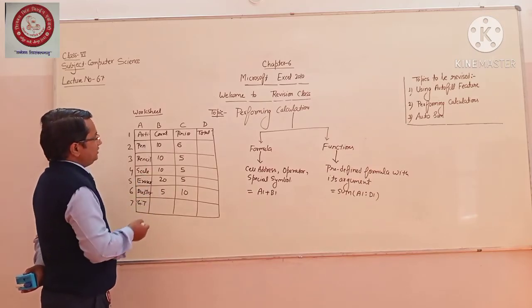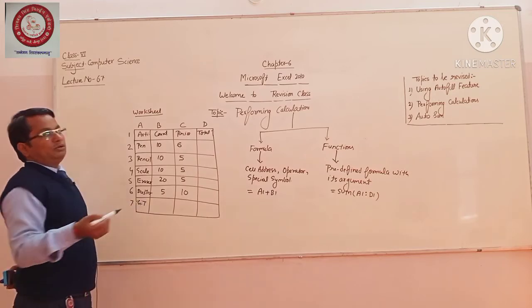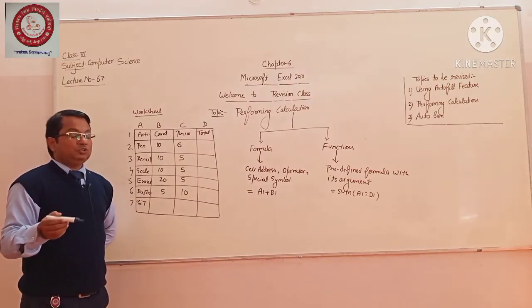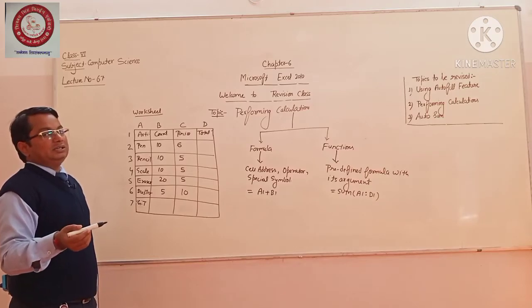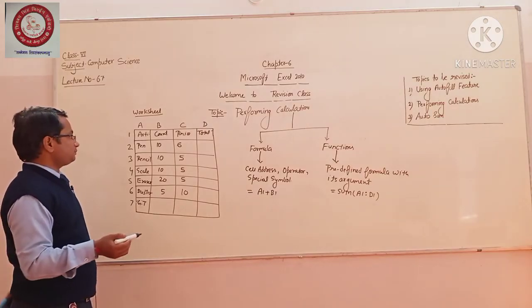Okay, so by doing this, you can also do the manual calculation, but right now you are studying MS Excel, no need to do the manual calculations. Only you have to perform the automatic calculations.